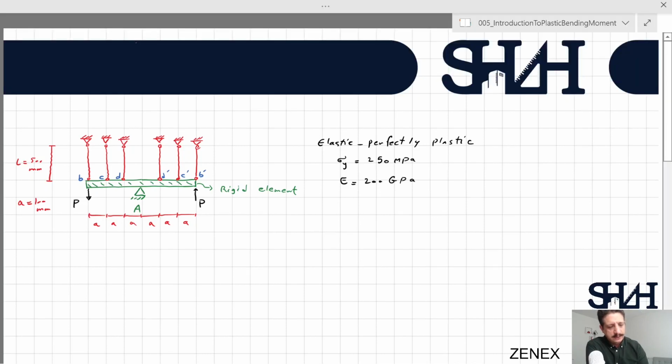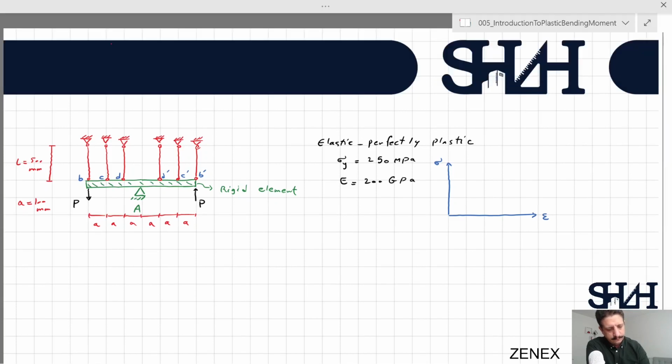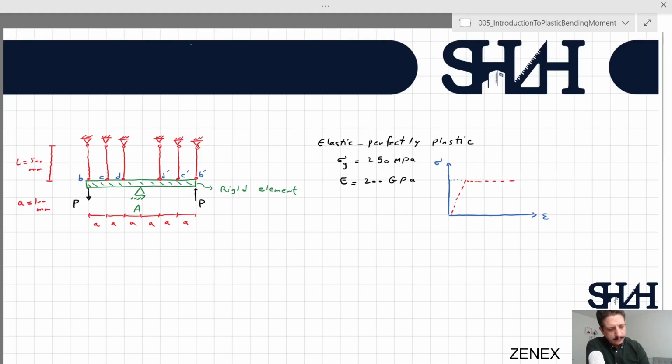We can sketch the stress strain diagram, sigma y and epsilon y.